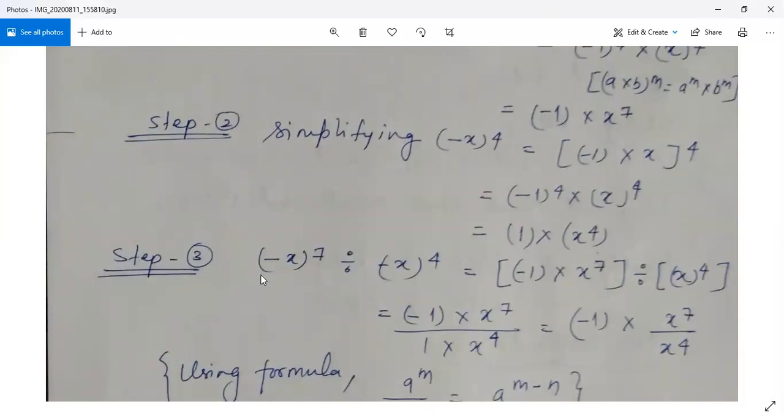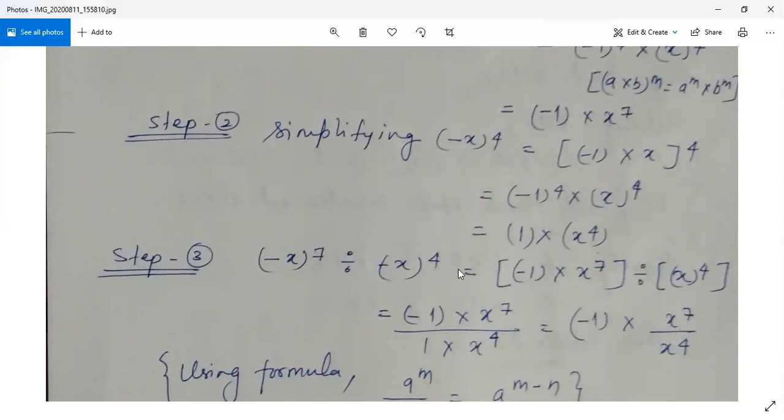In step 3, we will be solving like this: minus x to the power 7 divided by minus x to the power 4 is equal to minus 1 into x to the power 7. Here once again I thought I had made a mistake, but here it is correct.